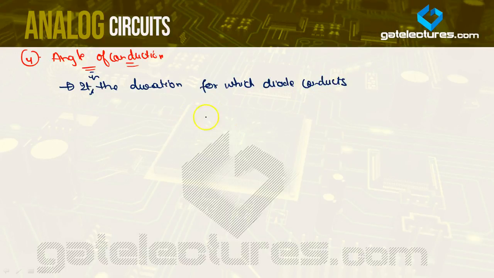Okay, so let's have a look. Let's shift the whole curve by pi by 2 to the left side. Let's apply a phase shift of pi by 2 to the curve.